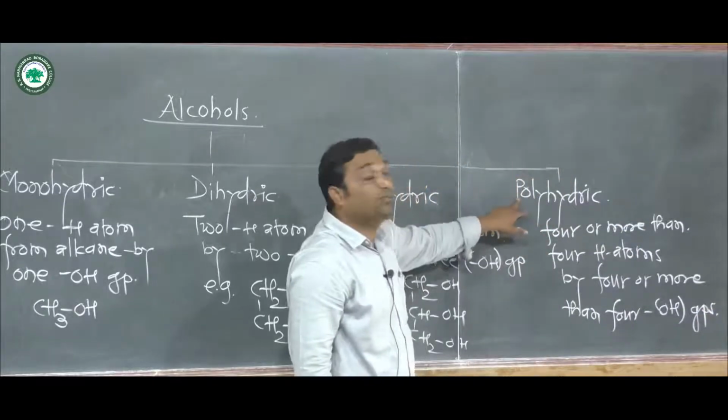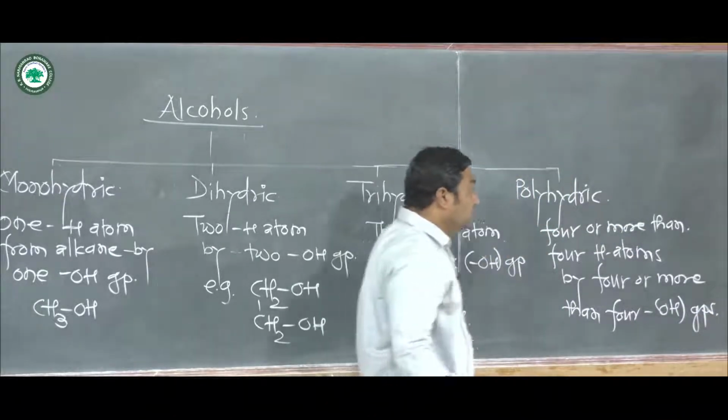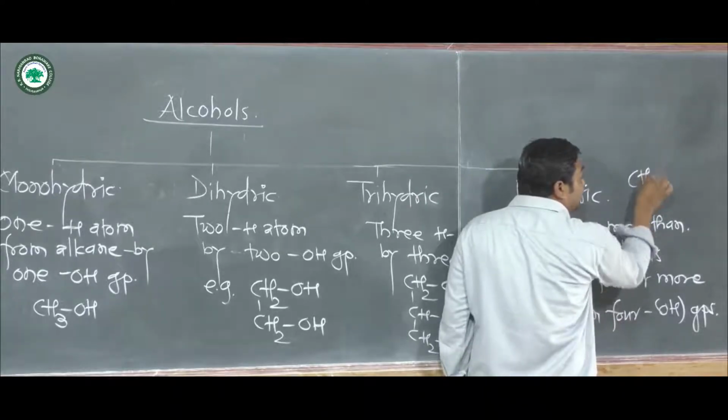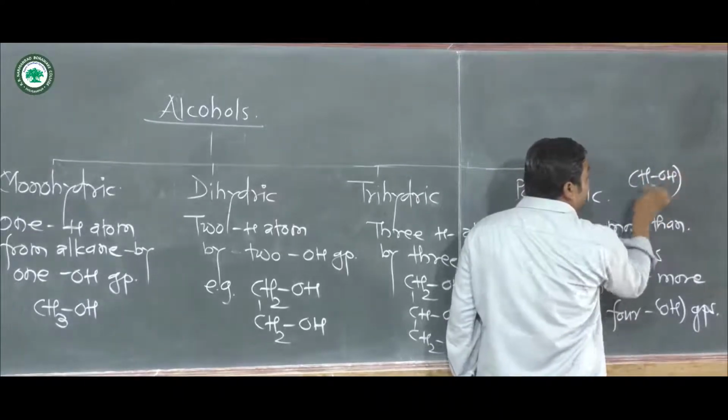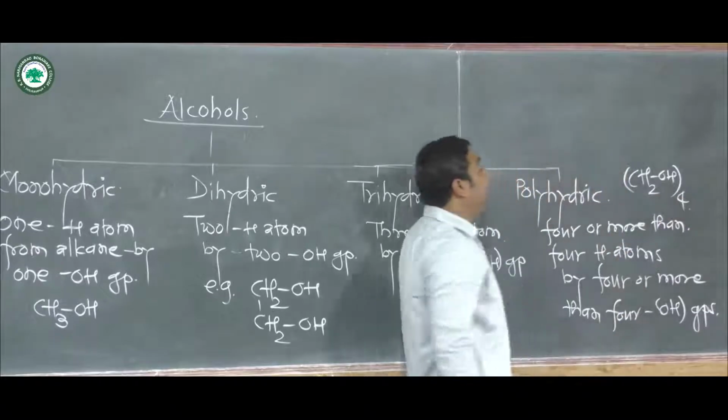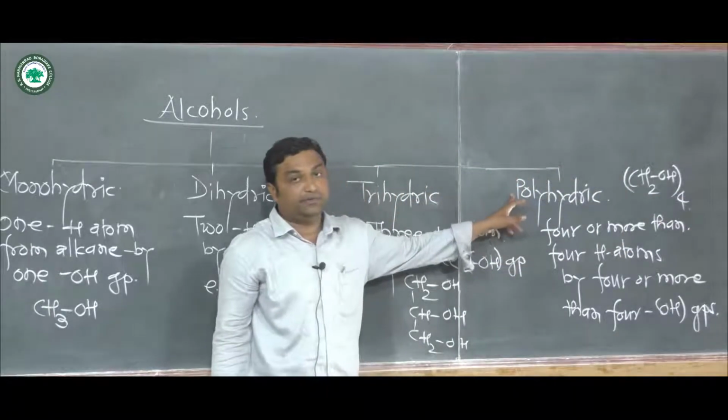This is the polyhydric alcohol. CH2OH taken four times is an example of these polyhydric alcohols.